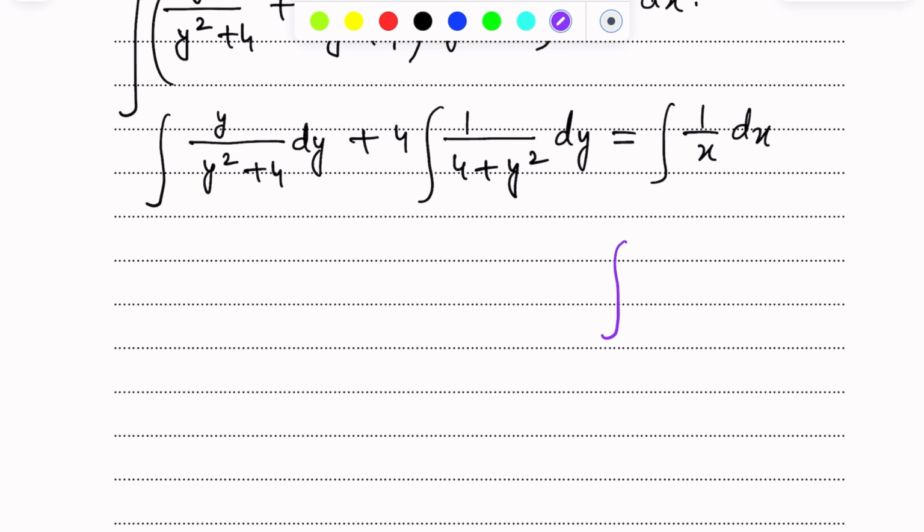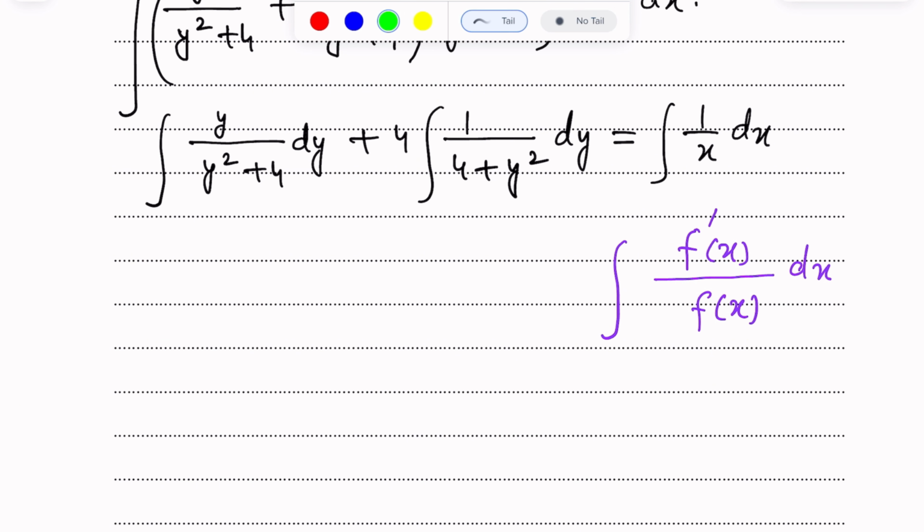If there is a function in the denominator, and in the numerator there is the derivative of this function, f dash x, then the integration as a whole of this fraction will be log of f x. Integration will be log of the function.